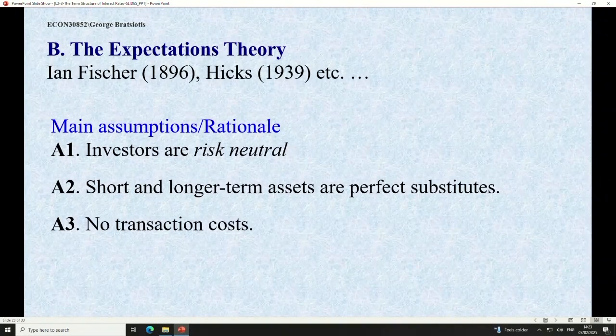Because they want investors to move freely from one market to another. Okay? And this is what happens. They want investors to move in and out of markets only because they're trying to show that there's a perfect substitutability between short and longer term assets.